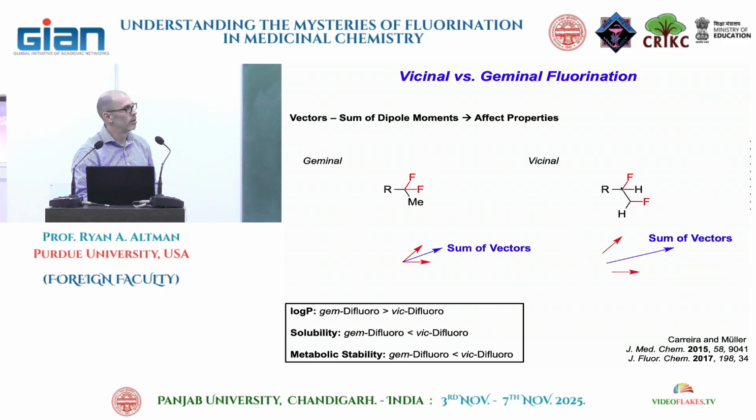And that further modulates properties. You can see the summary is right here. So when you think about the changes in lipophilicity, geminal difluorination typically makes things greasier than vicinal difluorination. So if you're trying to drive water solubility, you can do it better with this type of substitution. And so that's what's shown here. Vicinal difluorination is shown there.